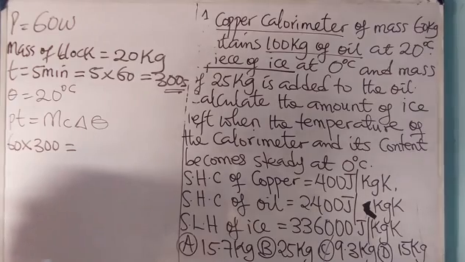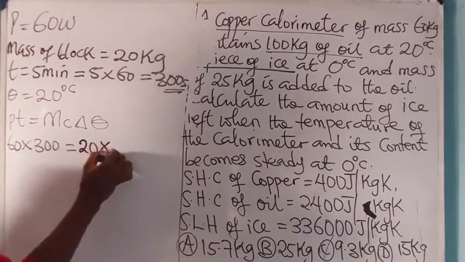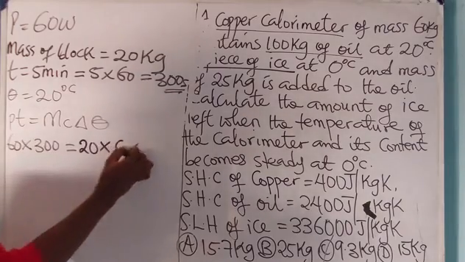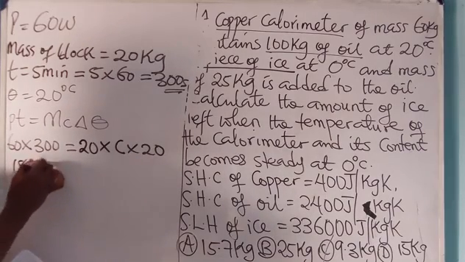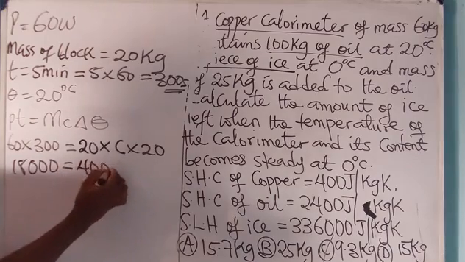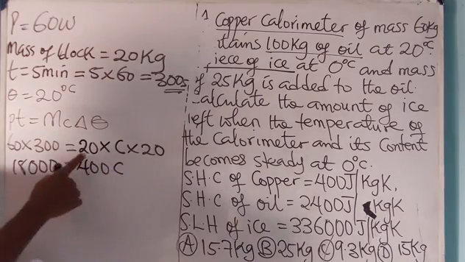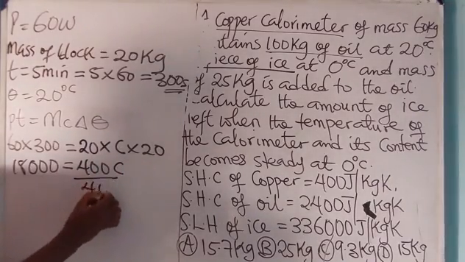The mass is 20. Then times C. That is what we are looking for. Then times 20 again. So this times this. 3 times 6 is 18. You have 1, 2, 3 equals 20 times 20. You have 400 C. Because 2 times 2 is 4. So 0, 0. To divide both sides by 400.